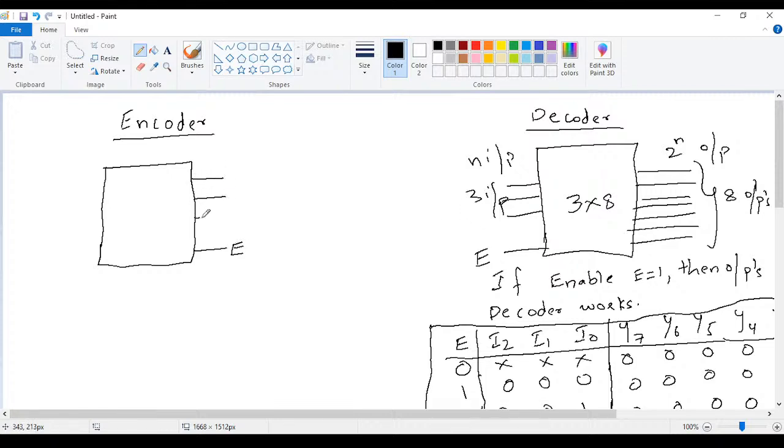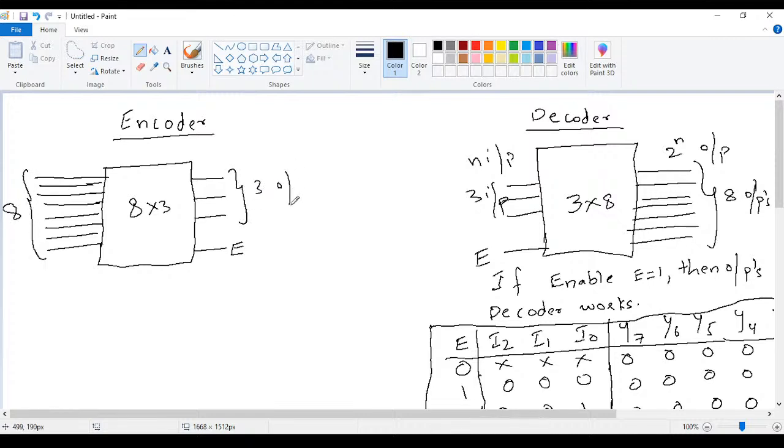You can go for 3 outputs and n inputs, so reversed: 1, 2, 3, 4, 5, 6, 7 and 8 inputs. So it will be an 8 by 3 encoder, that means 8 inputs and 3 outputs. The functionality will be the same in the reverse manner. So what will be the functionality here?